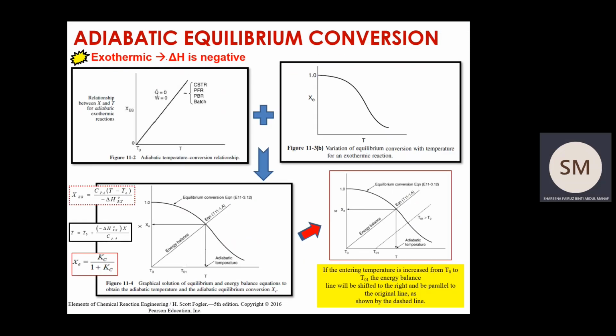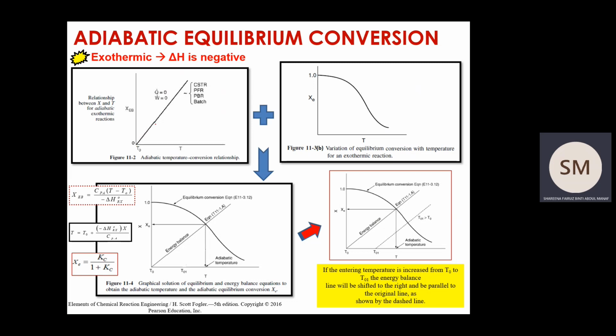Exothermic means delta H is negative. Remember this is for adiabatic, so Q equals 0 and W is equal to 0. This is the adiabatic temperature-conversion relationship.